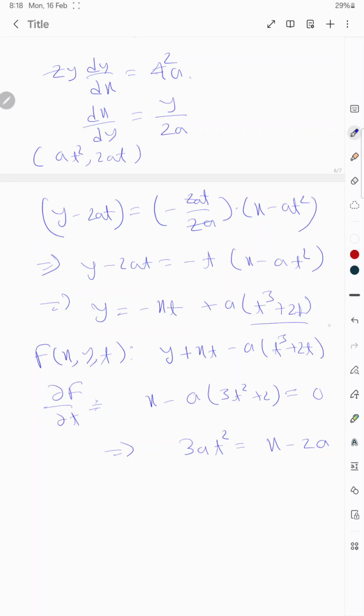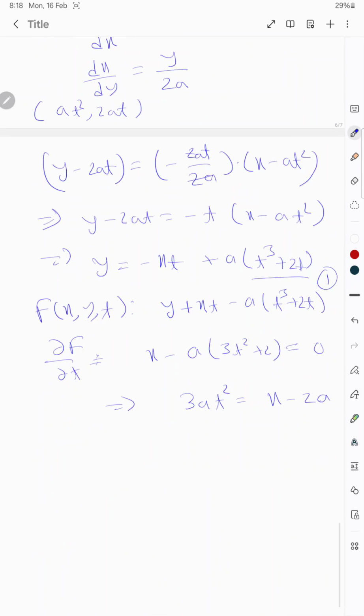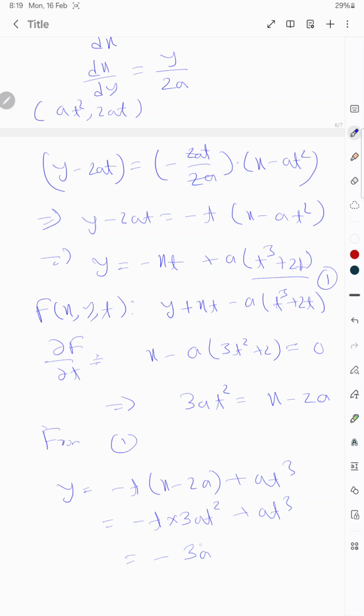Now you have y is equal to minus t into x minus 2a, so x minus 2a is equal to 2at cube.